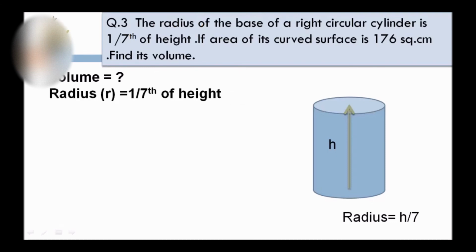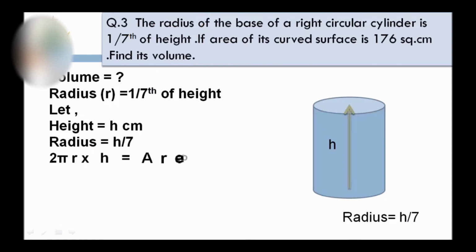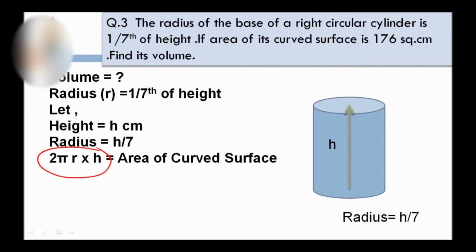Now radius is 1/7 of height. Now let us suppose that height is h and radius is 7th part of h. And we also know that area of curved surface is equal to 2 pi r multiplied by h.